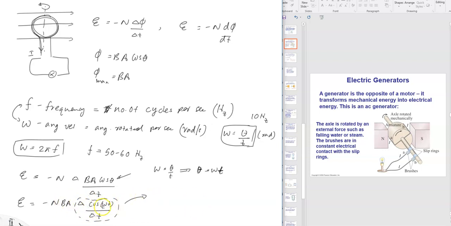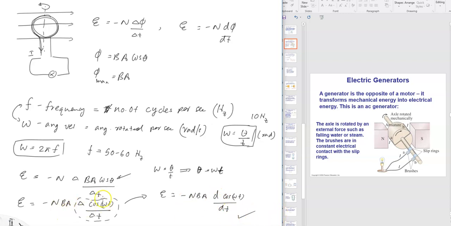The same thing in calculus, we can say equals negative NBA d cosine omega t over dt, taking the derivative of cos omega t in terms of time. Now, we can solve this equation. You guys who have taken calculus, you know what to do with this.